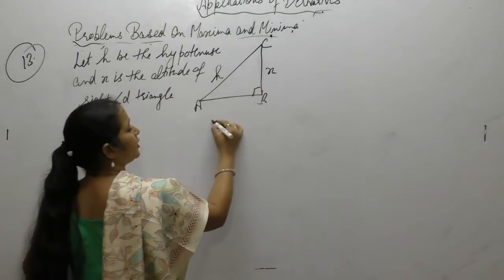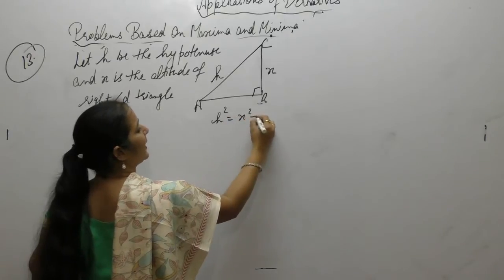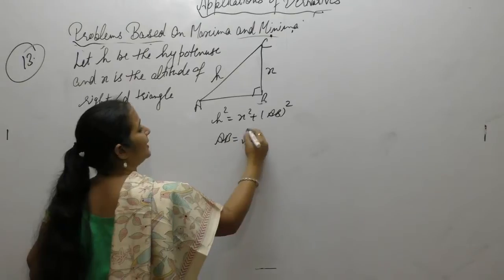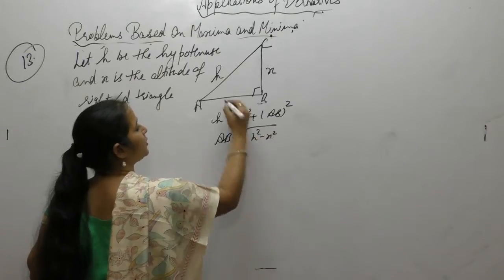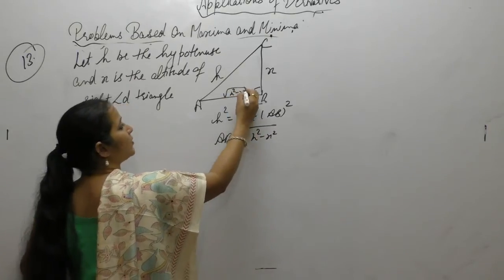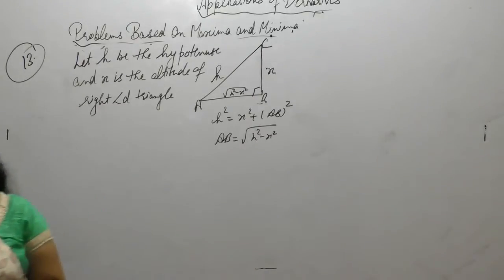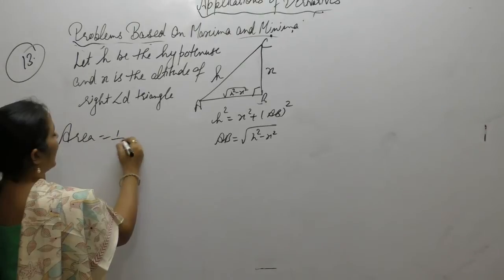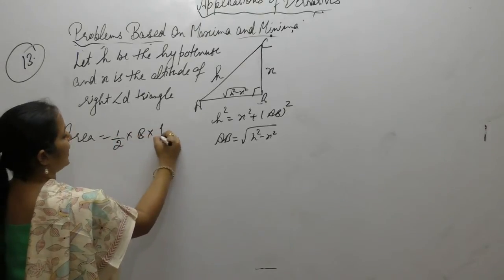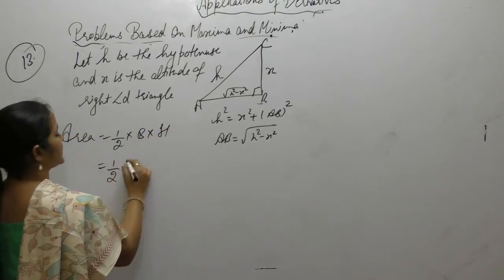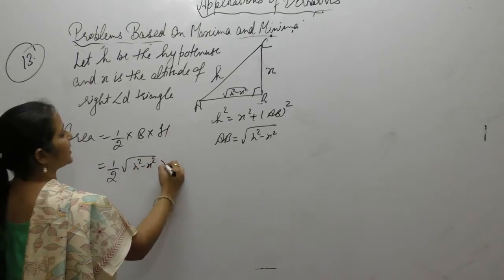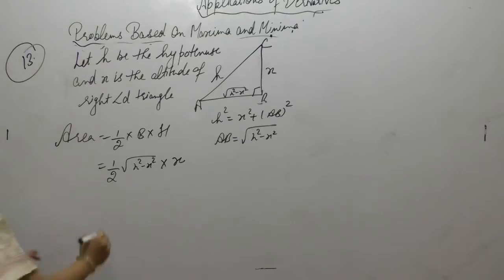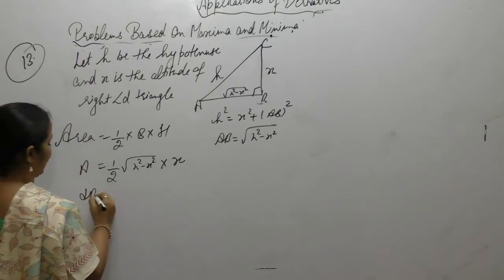Then by using Pythagoras, hypotenuse square equals perpendicular square plus base square. From here we get AB as square root of h square minus x square. Now area of triangle is half base into height. Base is square root of h square minus x square and height is x. Now differentiate it with respect to x.